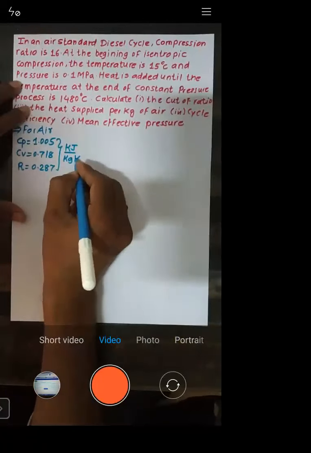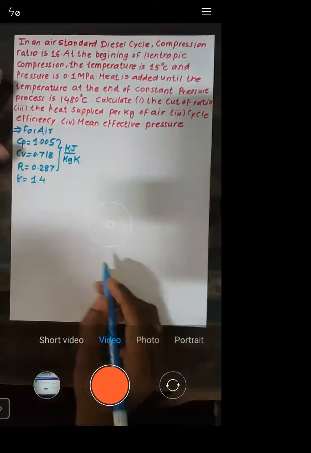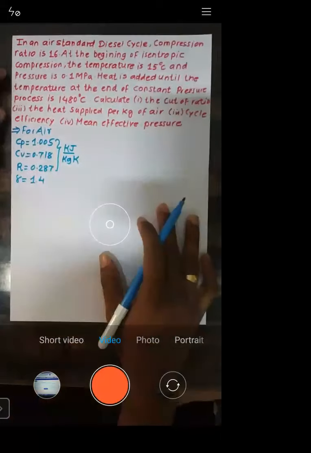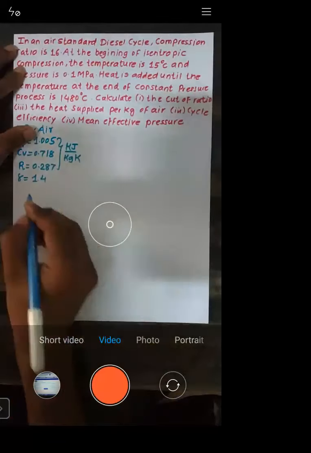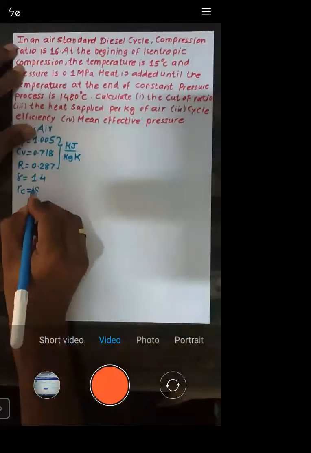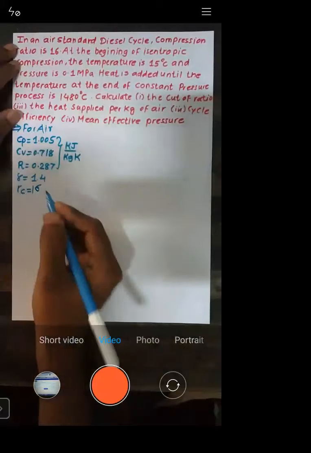Similarly, remember gamma is 1.4, the ratio of Cp by Cv. For the air standard diesel cycle, the compression ratio rc is given as 16.